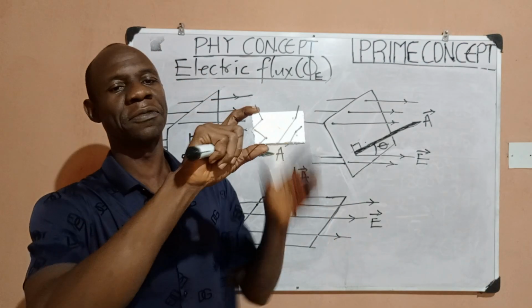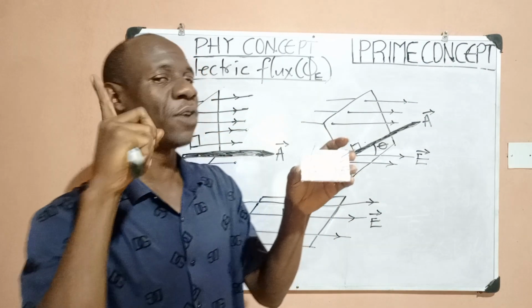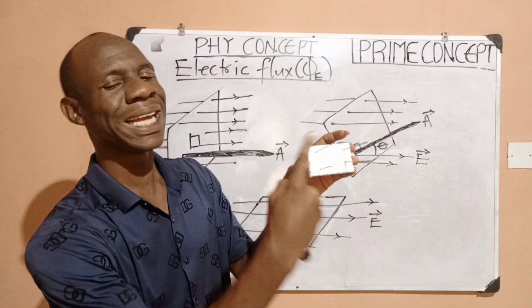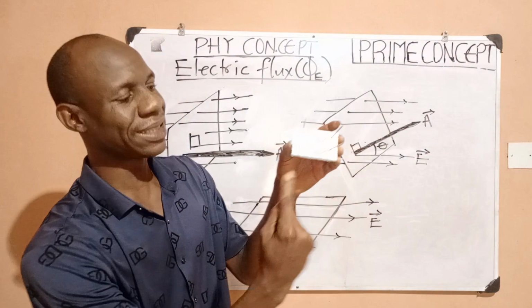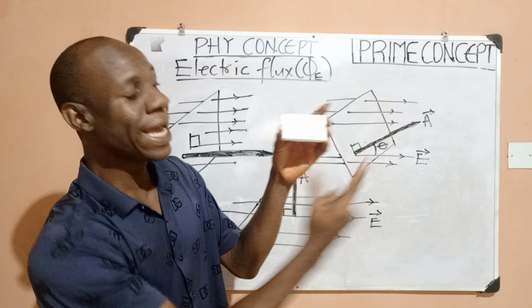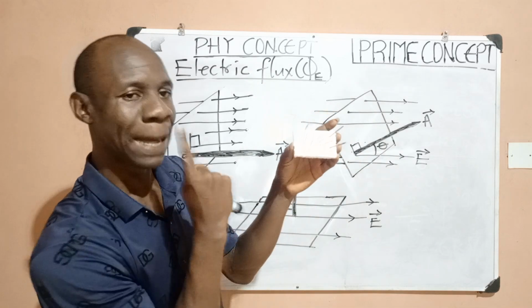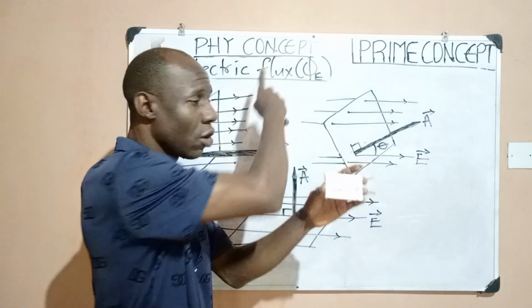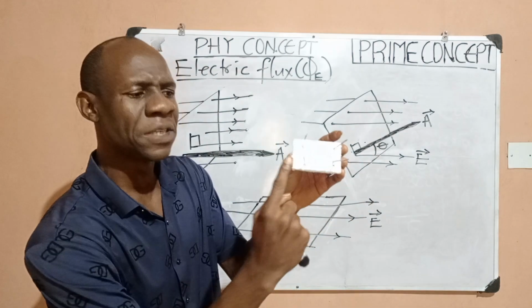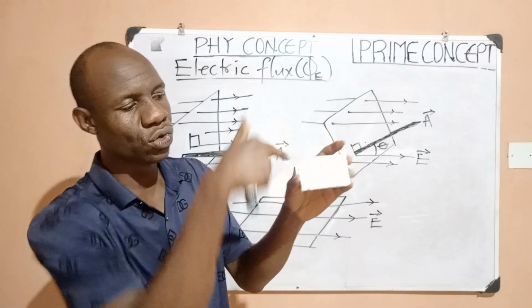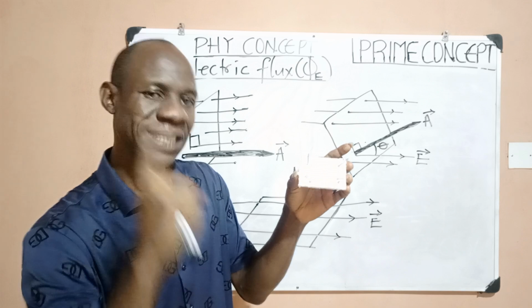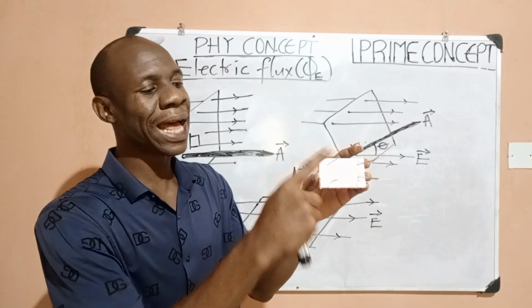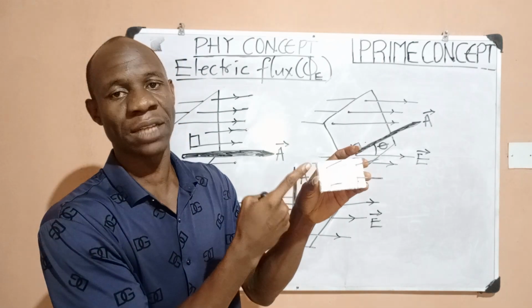Electric flux is simply this system you can see. And what can you observe from this system? Electric flux is the number of electric field lines passing through an area, through a surface perpendicularly. That is to say, the lines must be perpendicular to the surface.